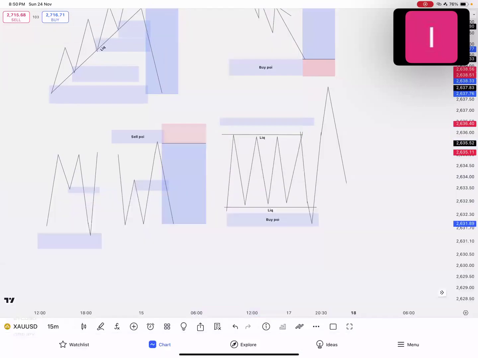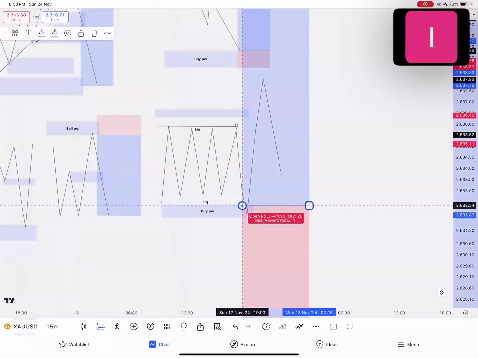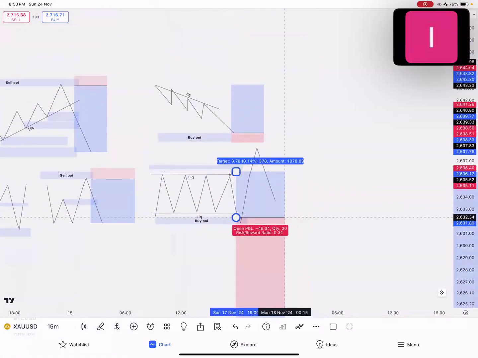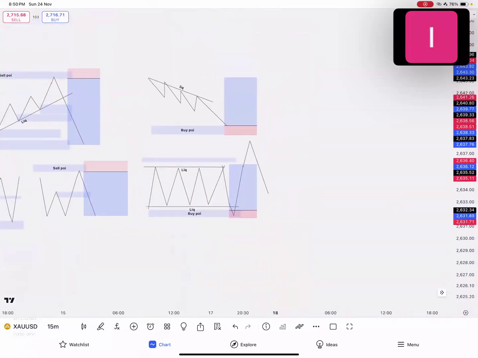So what does it mean? It means that if the market will eventually come here and trigger your buy point of interest while sweeping this down liquidity, the market will aim to take out liquidity on this buy side also. So if you take your trade here, your take profit has to be where? Here, to clear the liquidity on the other side.